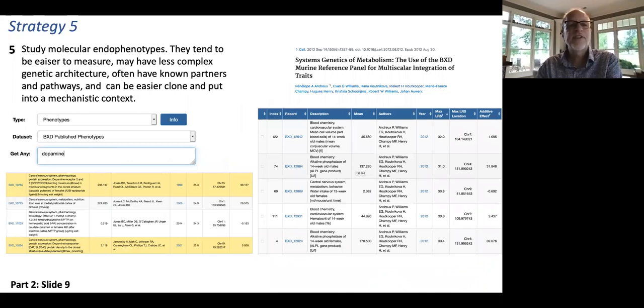Molecular endophenotypes. So if your heart is set on a particular research problem, or I should say a particular range of phenotypes, say drug abuse, response to nicotine or cocaine, then what I'm advising here may or may not apply.